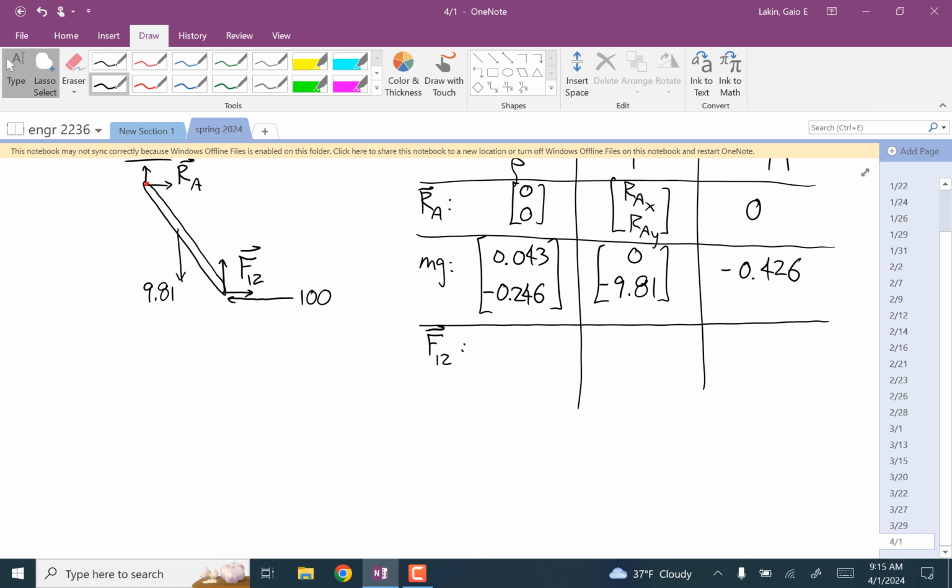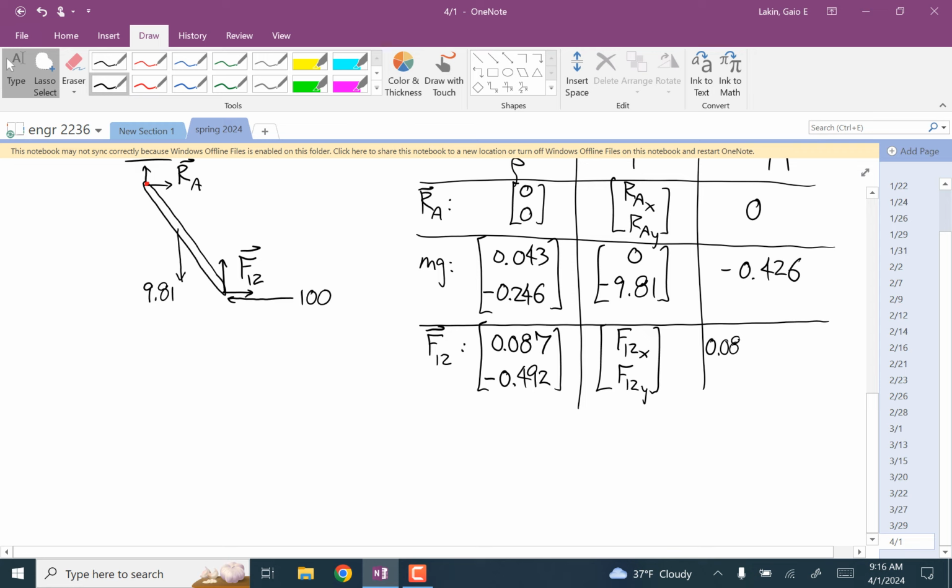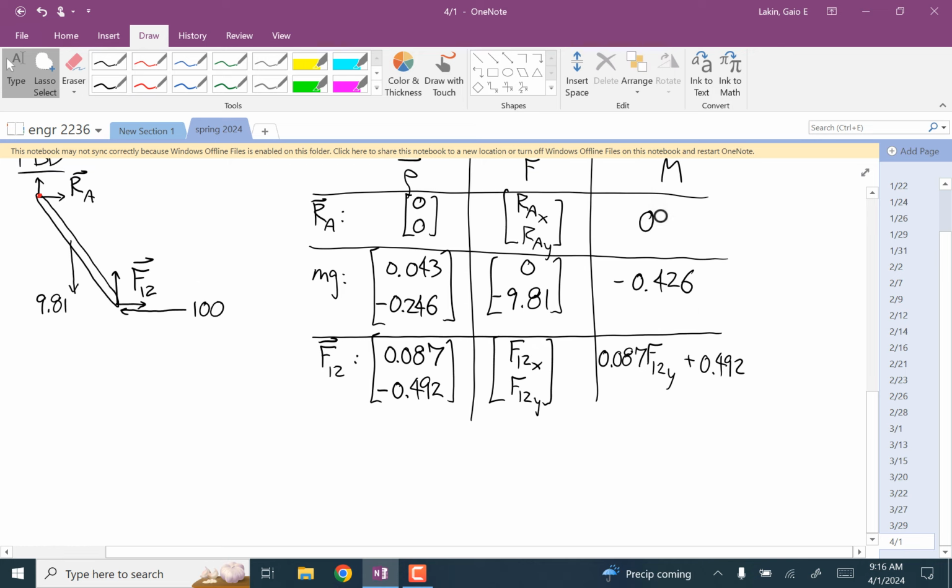That is the row vector 0.087 for the x component, and the y component is negative 0.492. The force is F12x, F12y. And so the cross product is 0.087 F12y plus 0.492 F12x.